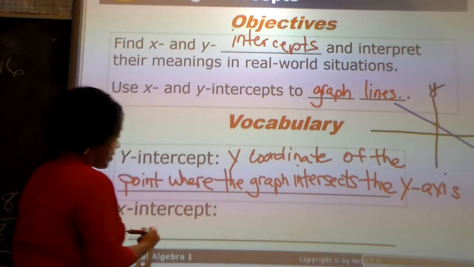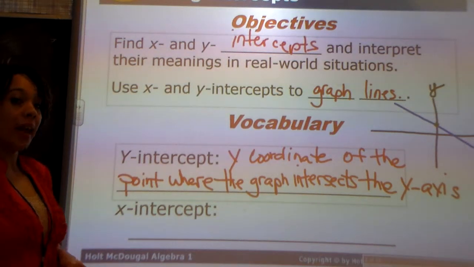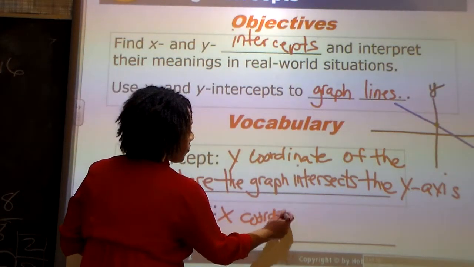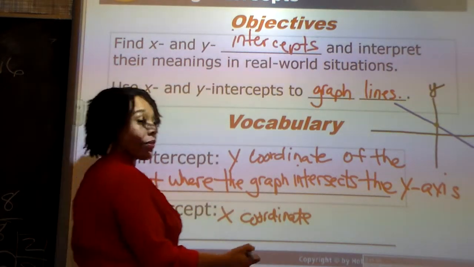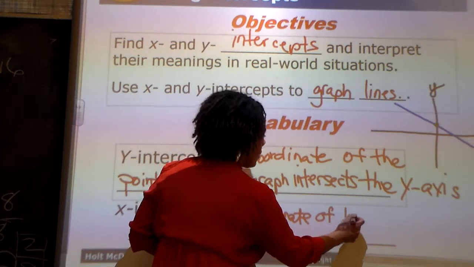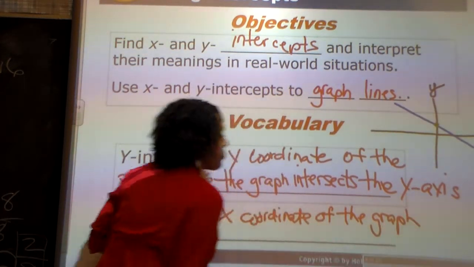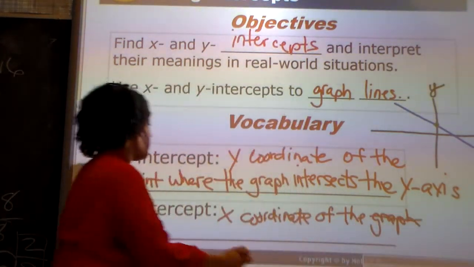Likewise, the x-intercept is the exact same thing. It's the x-coordinate of the point where the graph intersects the x-axis.